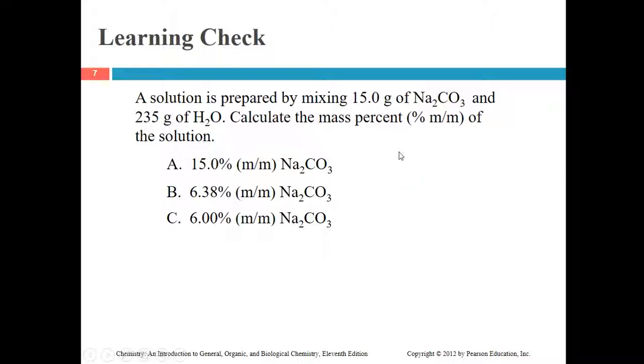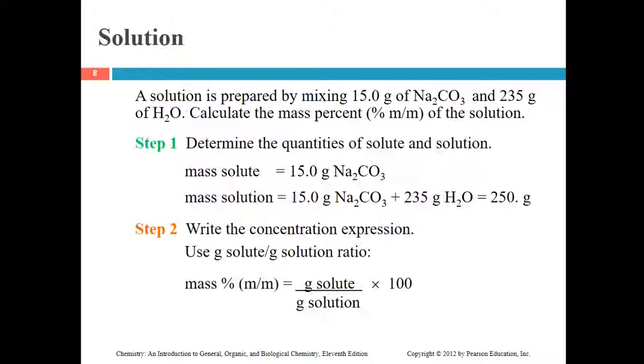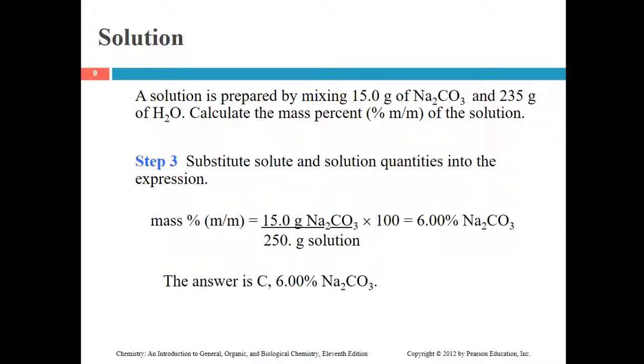So when you do the math, you're going to have 15 grams over 250 grams of solution times 100. And so when you do, you're going to get 6.00% sodium carbonate.